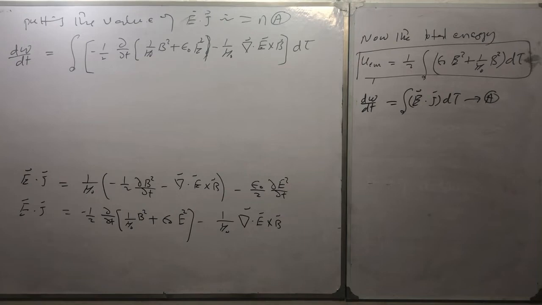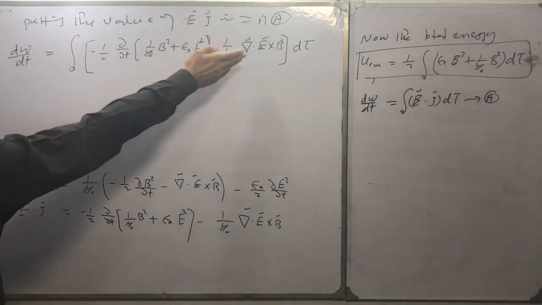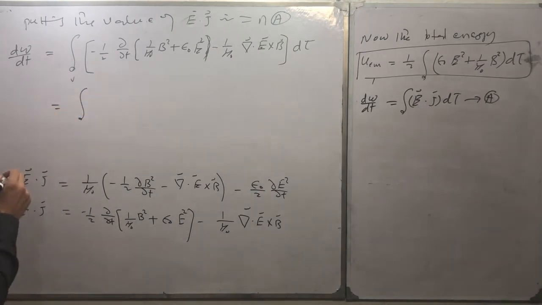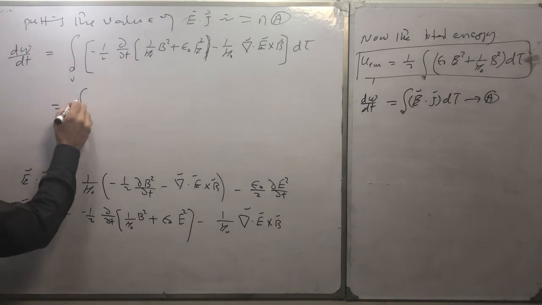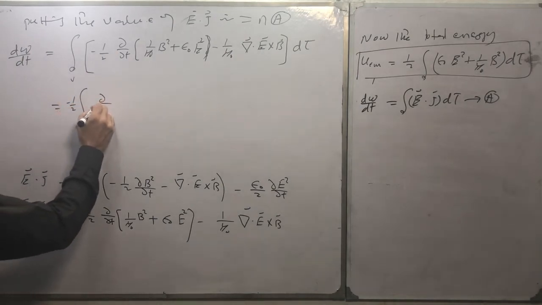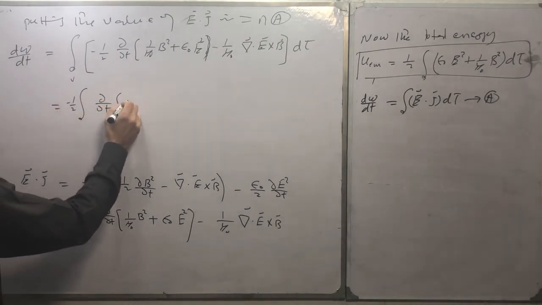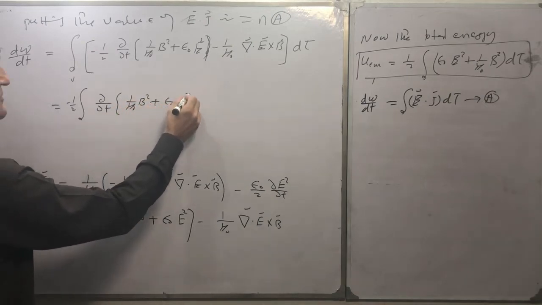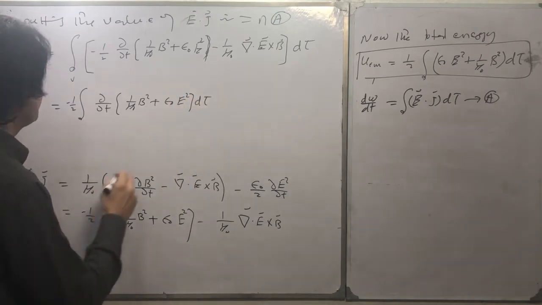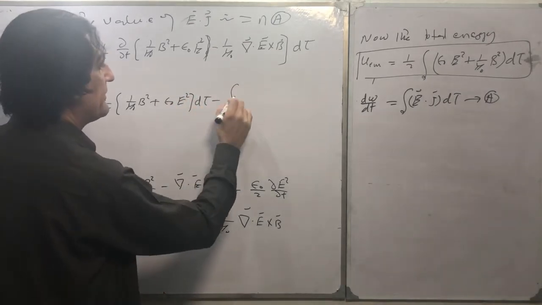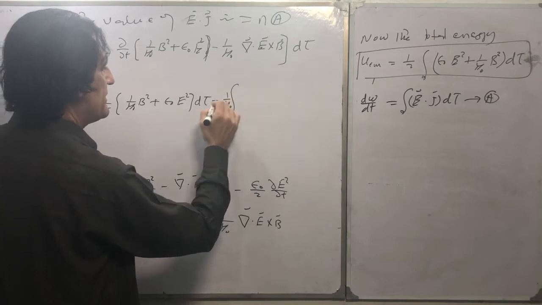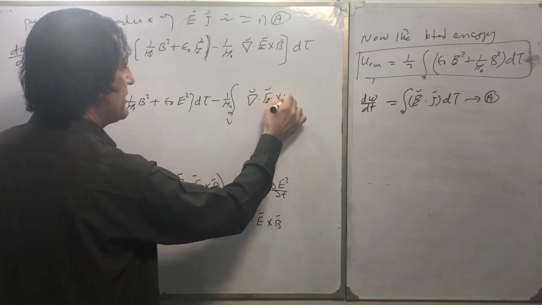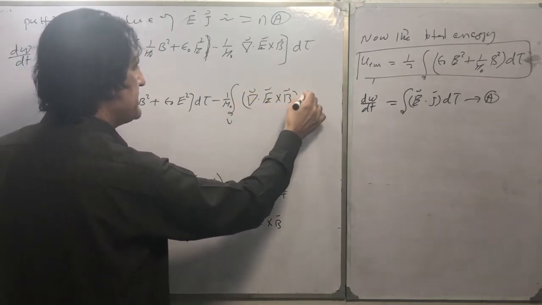These are two volume integrals: minus 1 over 2 partial divided by partial t of 1 over mu naught B squared plus epsilon naught E squared d tau, and minus the integral of 1 over mu naught, which is common, del dot (E cross B) d tau.